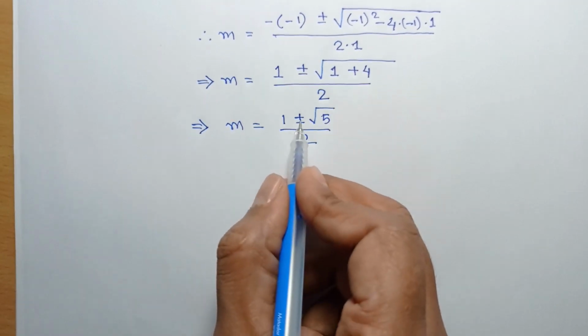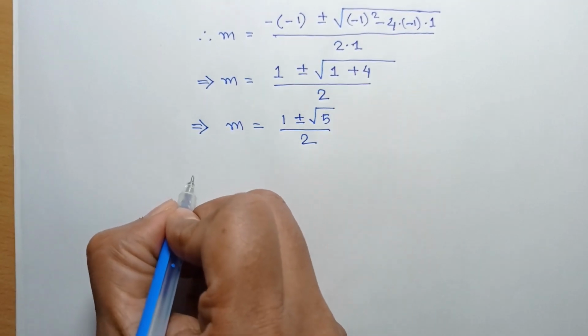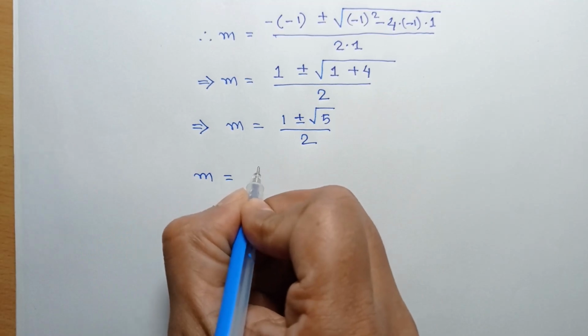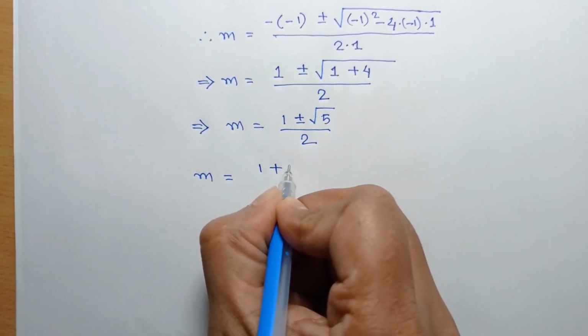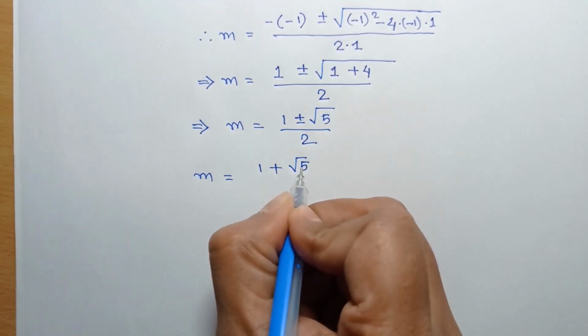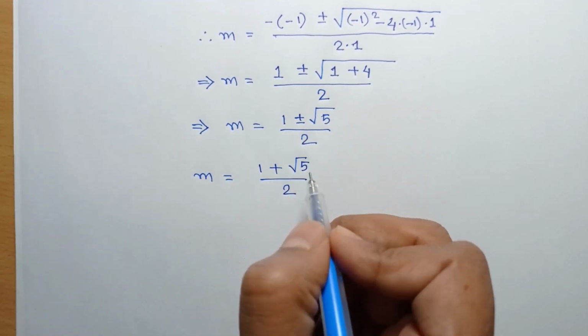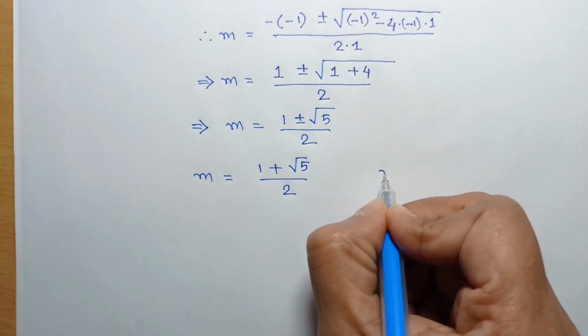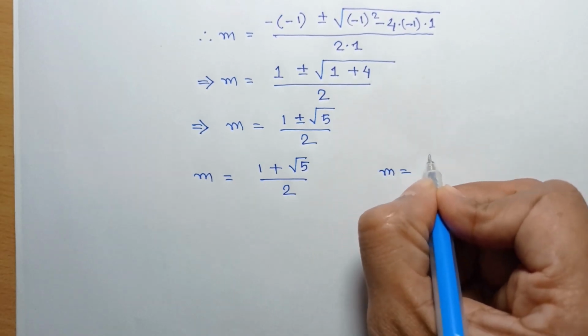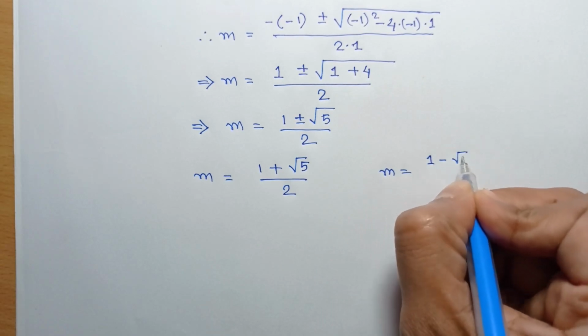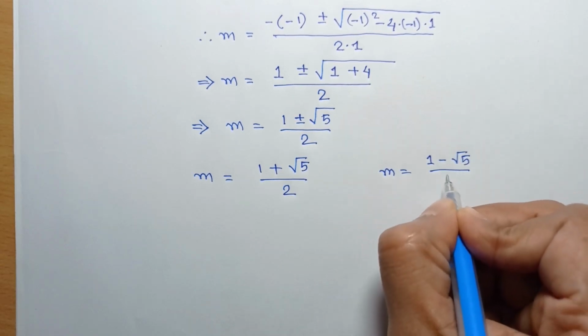Now if we consider positive, then we will have m is equal to 1 plus square root of 5 over 2, and considering negative we will have m is equal to 1 minus square root of 5 over 2.